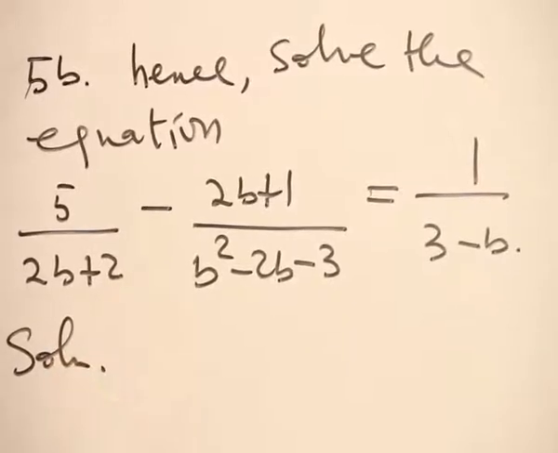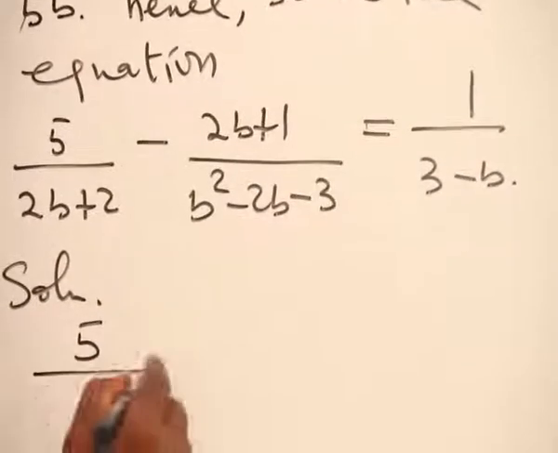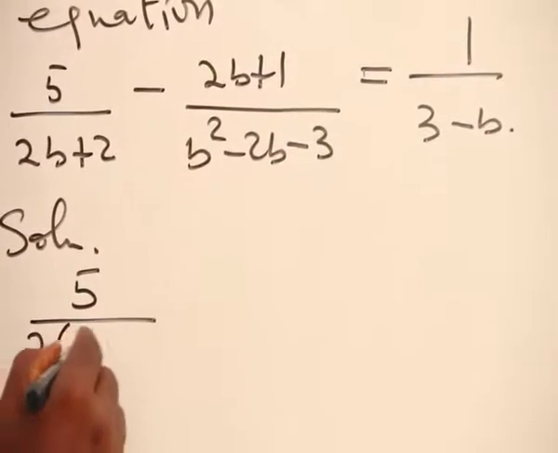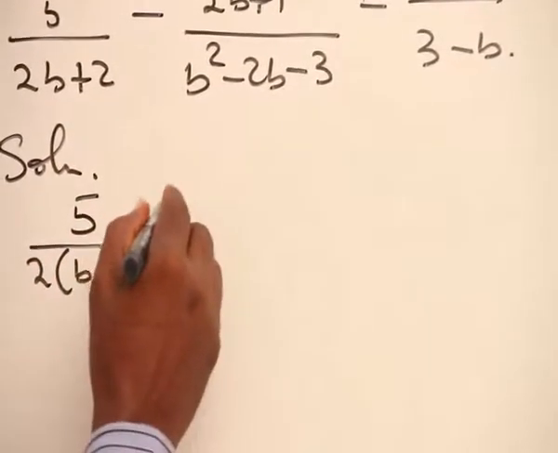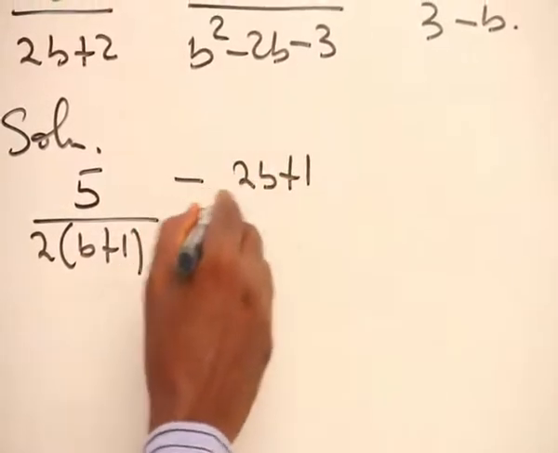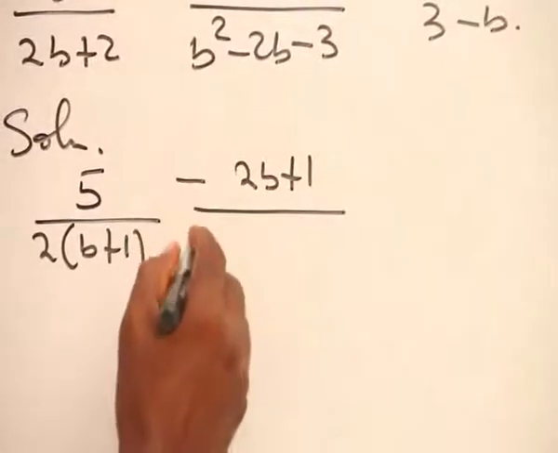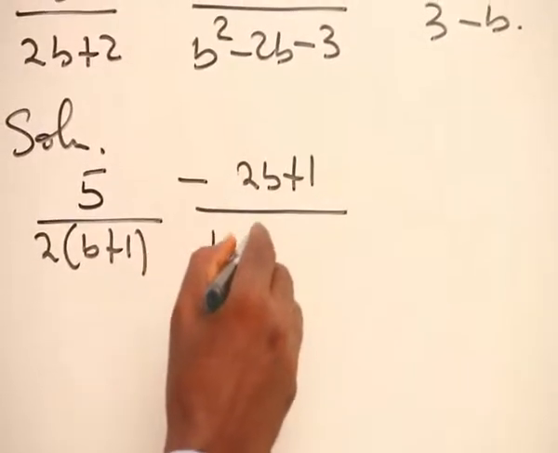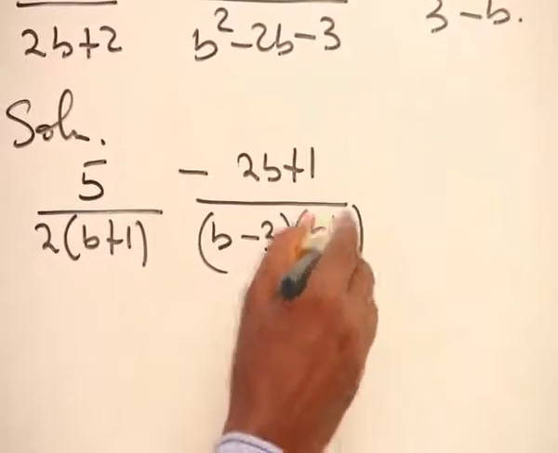Here what we have was 5 all over 2 into b plus 1, and then minus 2b plus 1 all over the factorization of this, which was b minus 3 into b plus 1.